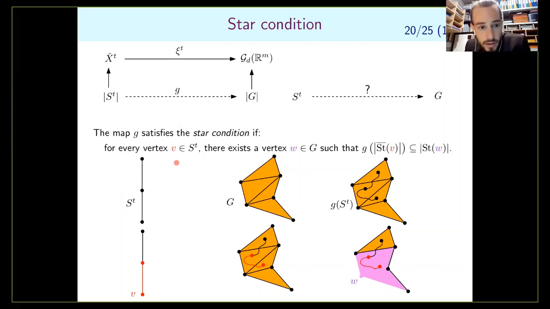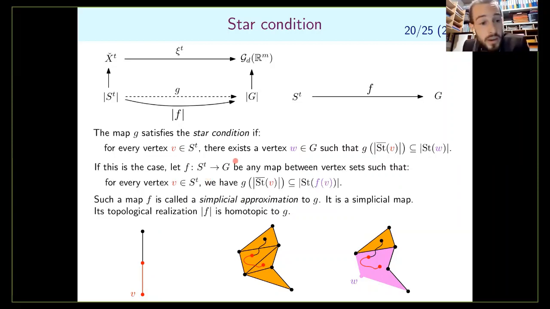Now, take any vertex V of the first simplicial complex. I say that the map G satisfies the star condition at the vertex V if the image of the closed star of V is included in the open star of a vertex of the second simplicial complex. If you can find such a vertex W for each vertex V in the first simplicial complex, the map G satisfies the star condition.